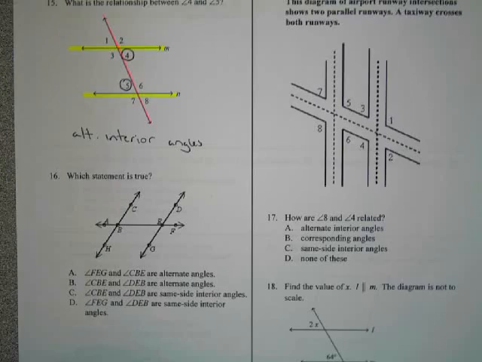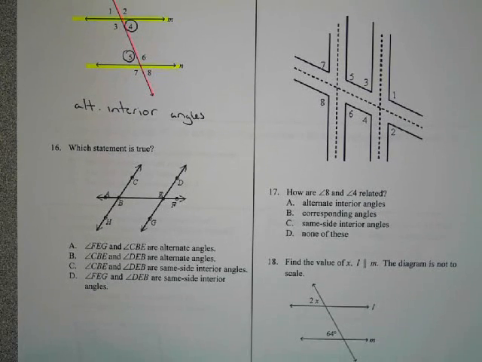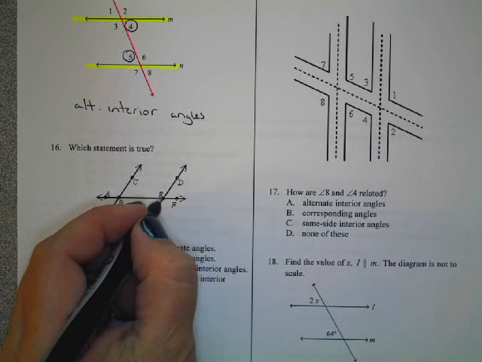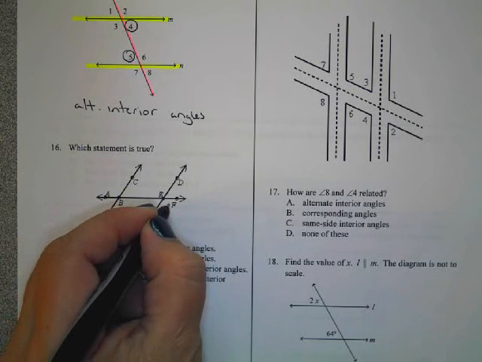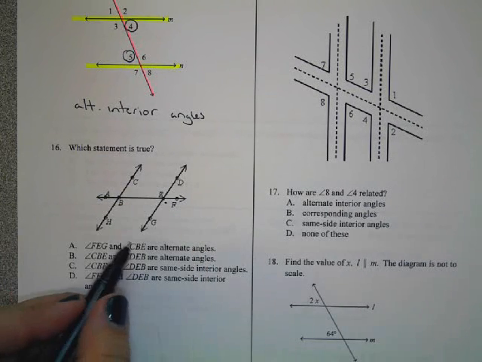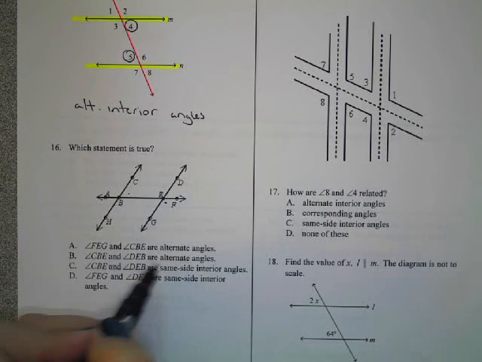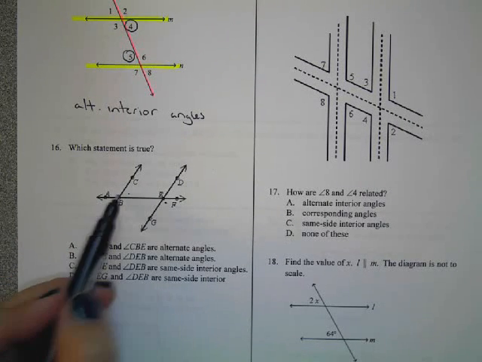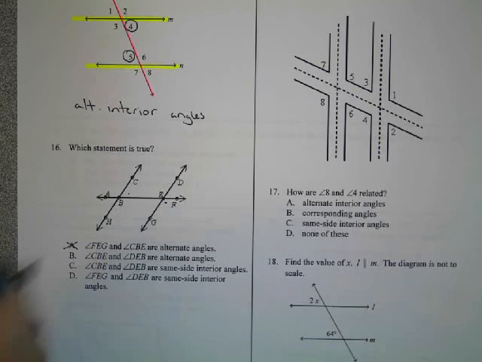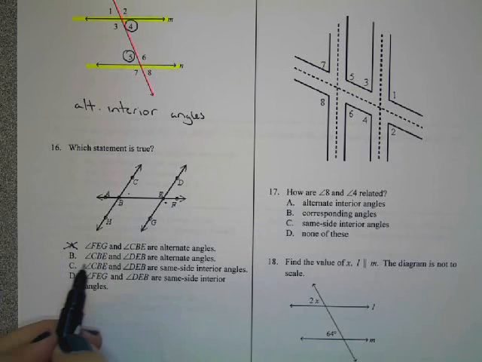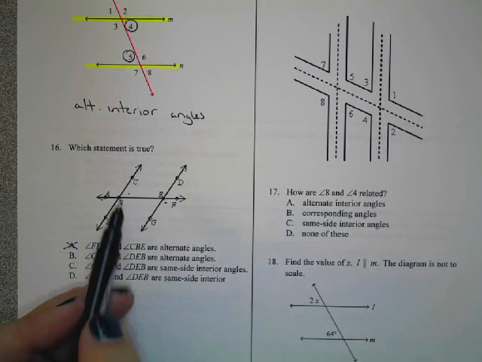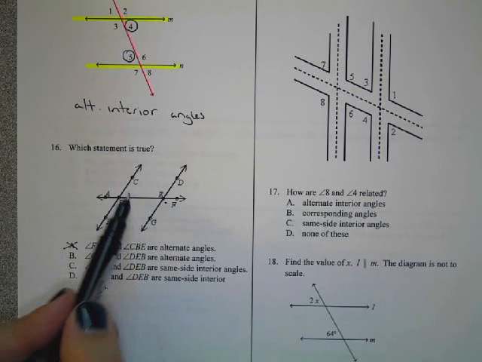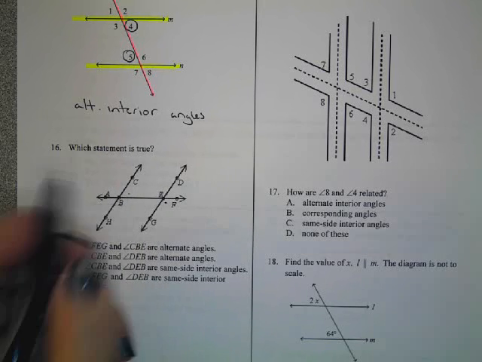For number 6, which statement is true? So FEG is this angle right here, and CBE are alternate angles. No. CBE and DEB are alternate angles. No, they're on the same side.